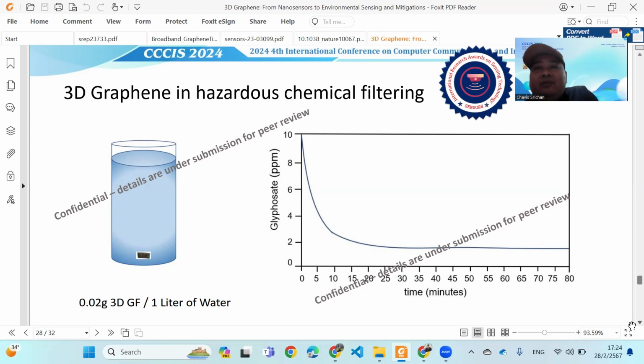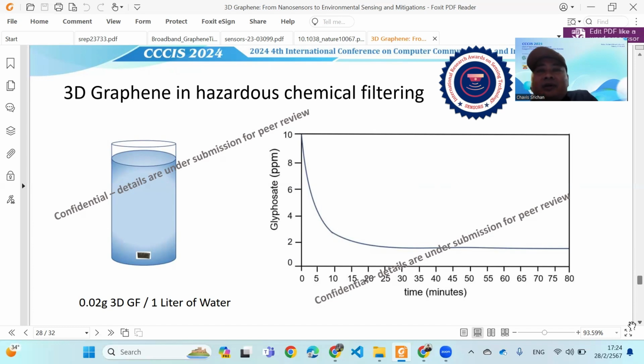We can see from the graph that even in 15 or 20 minutes, it pulls down the concentration of the glyphosate in the water. So it is very promising, and we are going to publish this work.